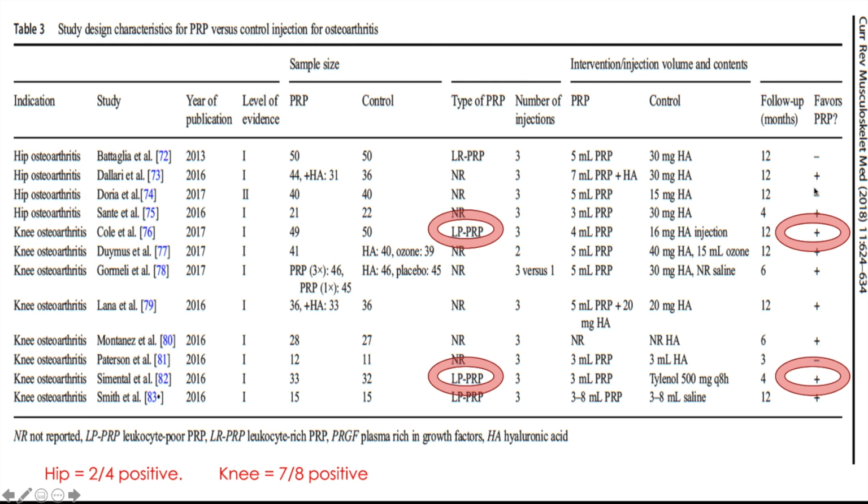And when you look at what preparation was used in most of these studies that had a positive outcome, it was leukocyte poor. That means that the blood was put through a second spin, and you end up with a low level of neutrophils, but you maintain the monocytes. So it really does start to show us a clear path here that leukocyte poor PRP is better in hips and knees, and you can get a very satisfactory outcome.